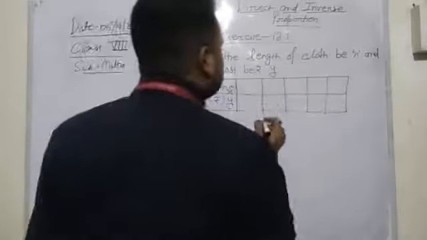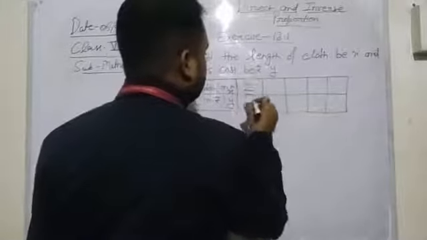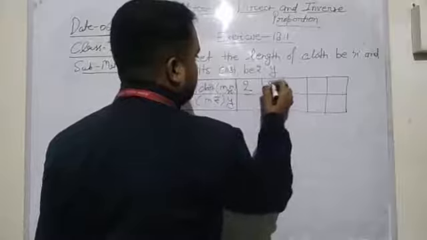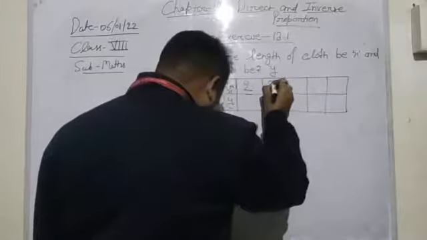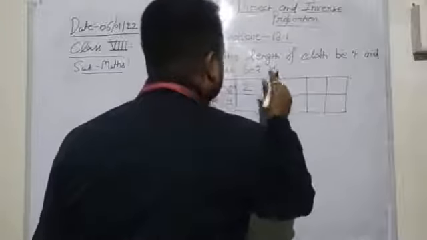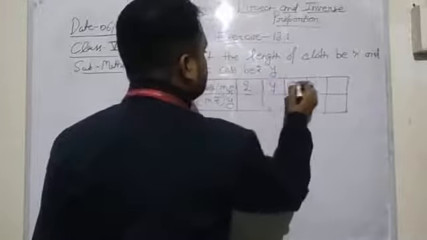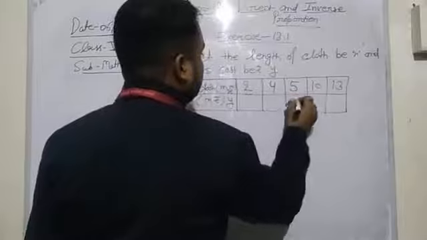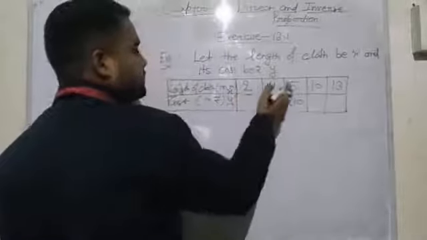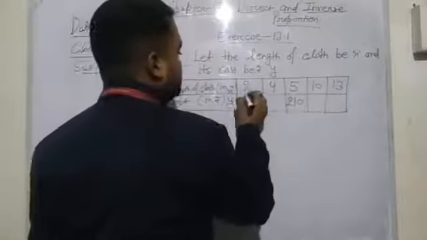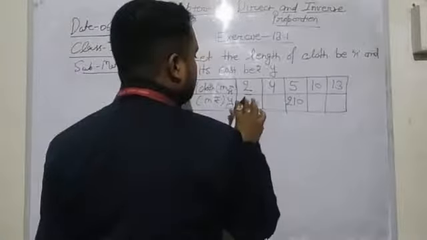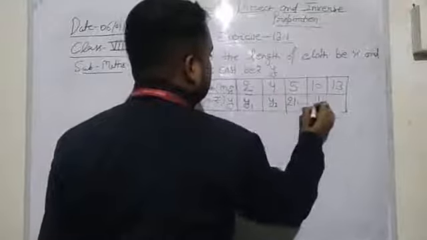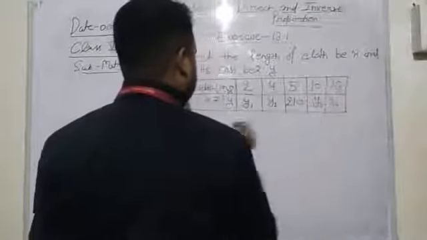First we have to find the cost for 2 meters of cloth, and then 4, 10 and 13 meters, and it is given that 210 rupees is the cost of 5 meters of cloth.